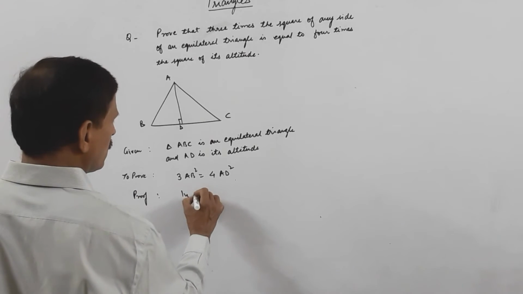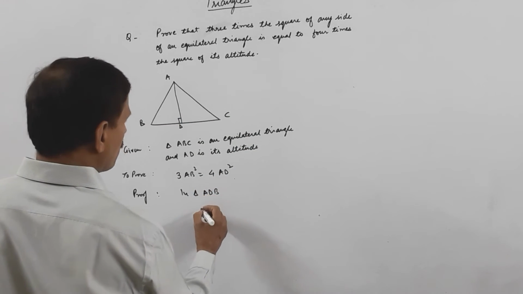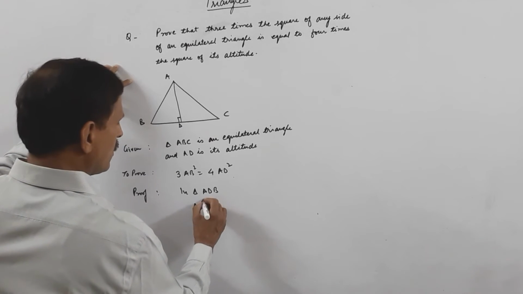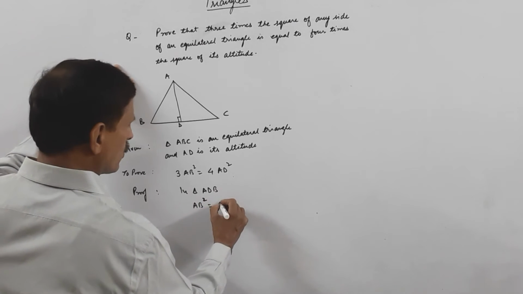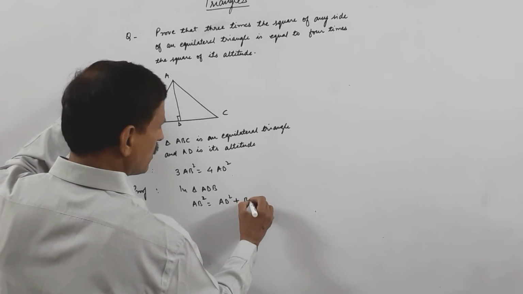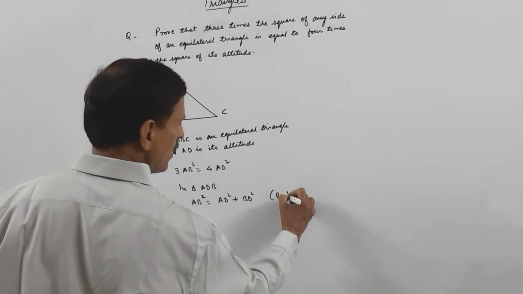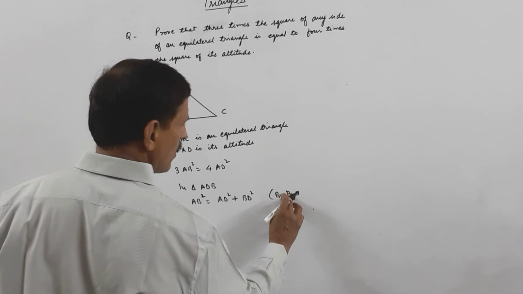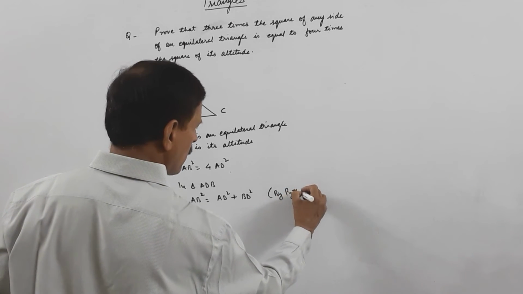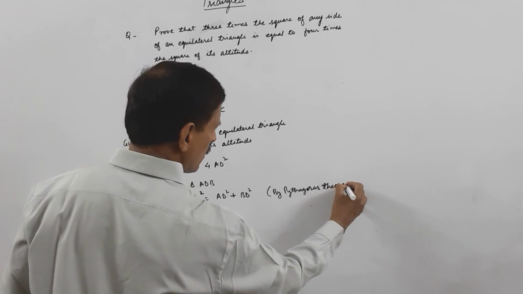In triangle ADB, by Pythagoras theorem we have AB square is equal to AD square plus BD square. This is by Pythagoras theorem.